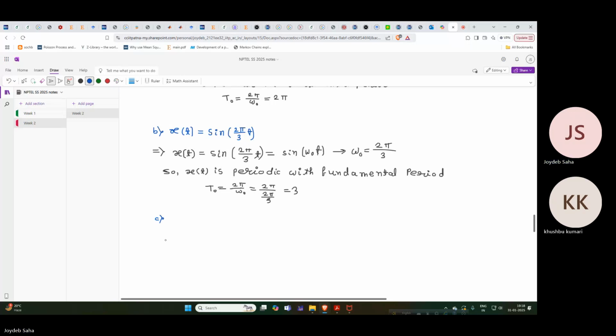C is x(t) is equal to cos(pi by 3 t) plus sine(pi by 4 t).